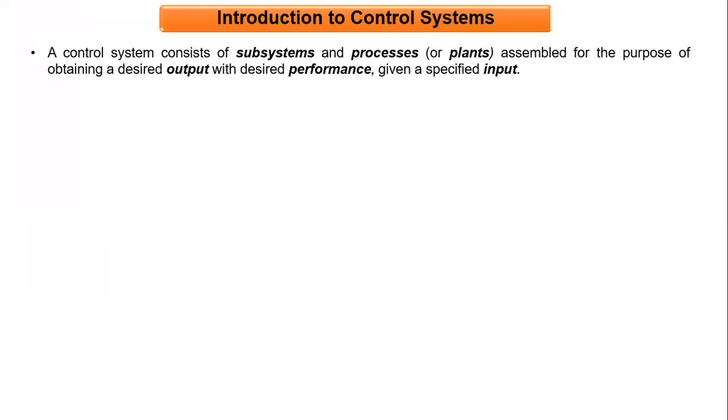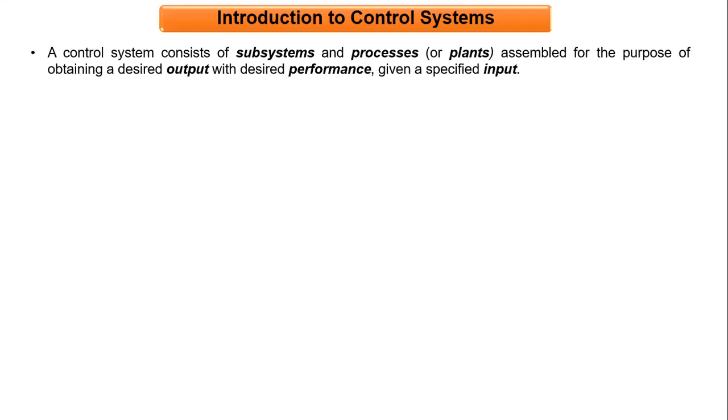A control system is basically a way of obtaining a desired output from a given system in a controlled way, right? So when we have a system which has further subsystems and processes, and they are arranged in a proper manner so that we can get a desired response, desired output for a given input, we call it a control system.